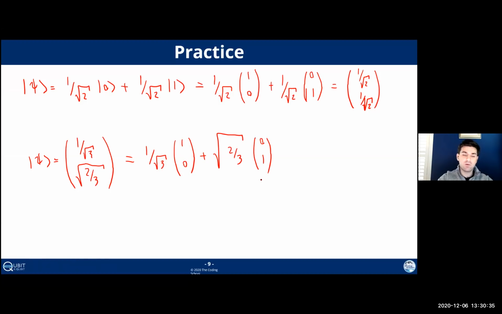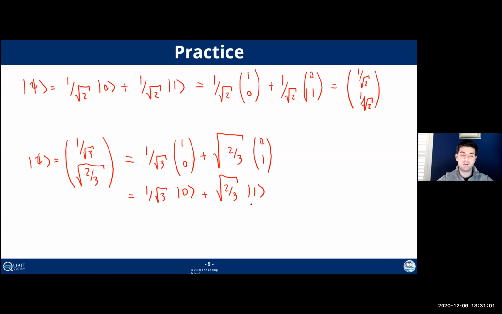And then again, if you guys remember, what I told you is that this 1, 0 vector is just the 0 state, the ket 0. So this is equivalent to 1 divided by square root of 3 times ket 0 plus, and again, this coefficient doesn't change, 2 divided by square root of 3, and this 0, 1 state is the ket 1 quantum state.